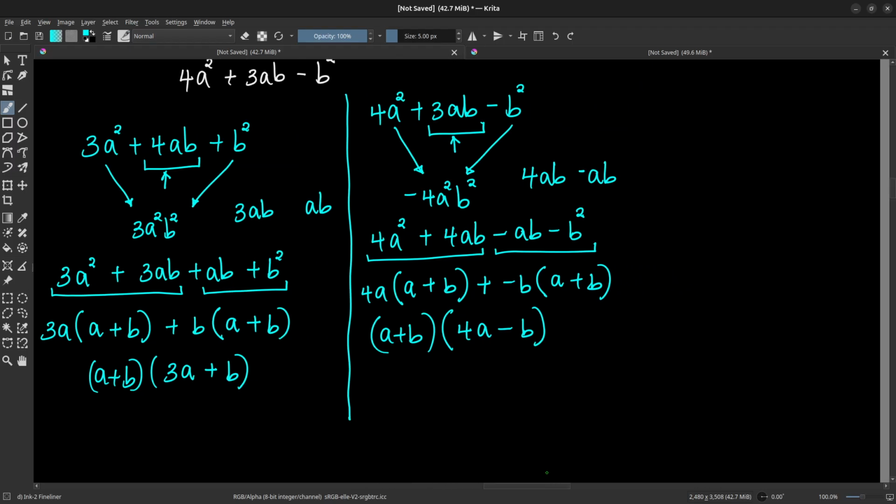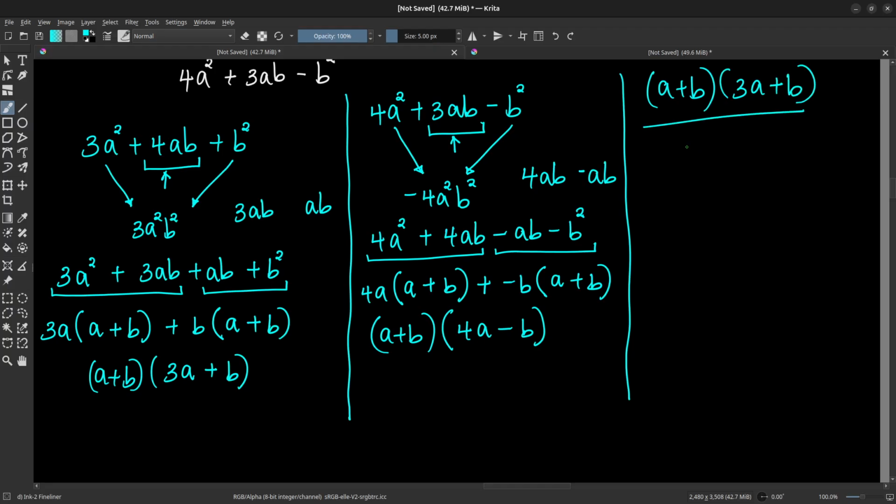Now we are ready to find the value of the numerator over the denominator. We found that when we factorize the numerator, we got a plus b times 3a plus b, and the denominator we got a plus b times 4a minus b.